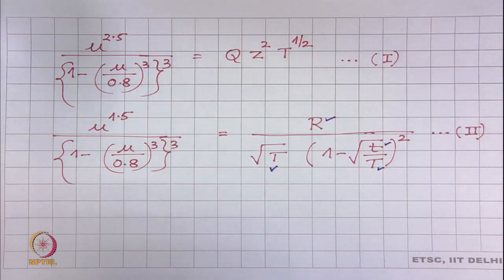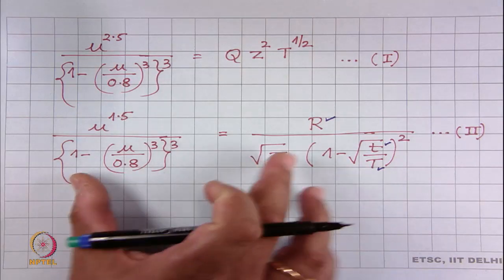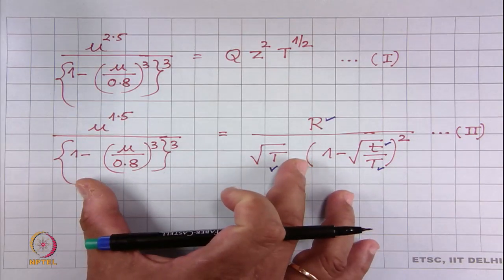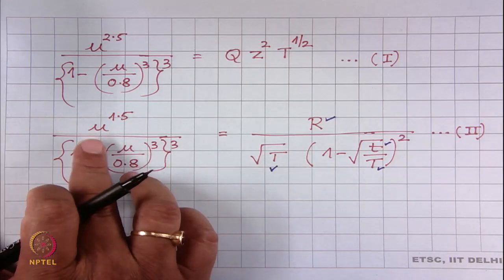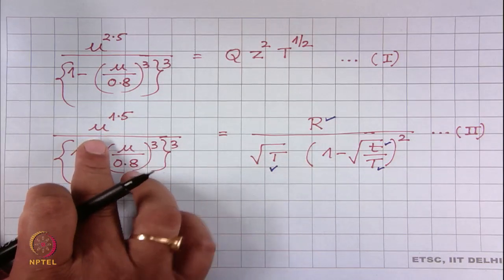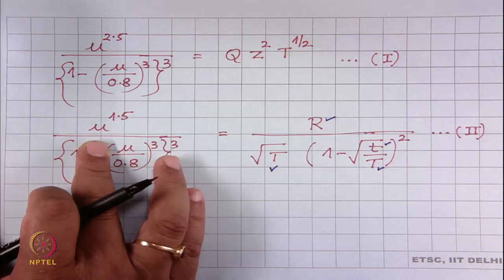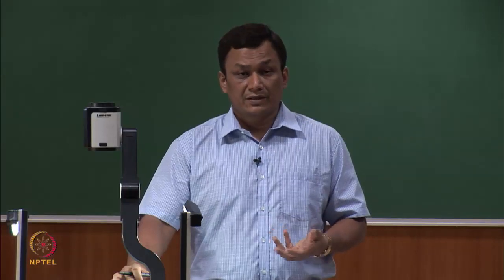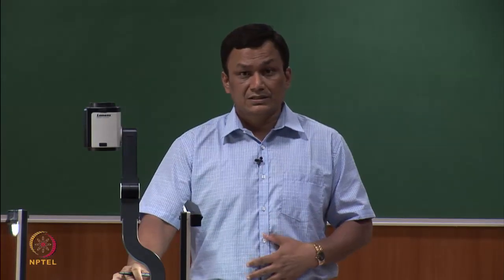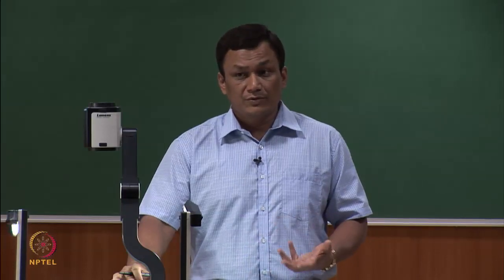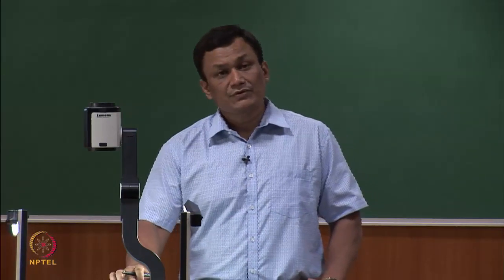So, you will be able to calculate the right hand side of equation 2. Then you will be able to solve the resulting second expression, you will be able to find mu. You can use a suitable numerical method, interval splitting method, or you can already prepare a table like in the last class we demonstrated you for solving one numerical problem. So, you will be able to find out mu.